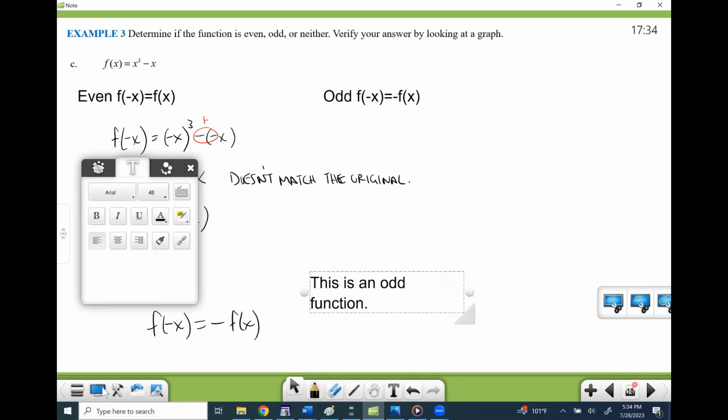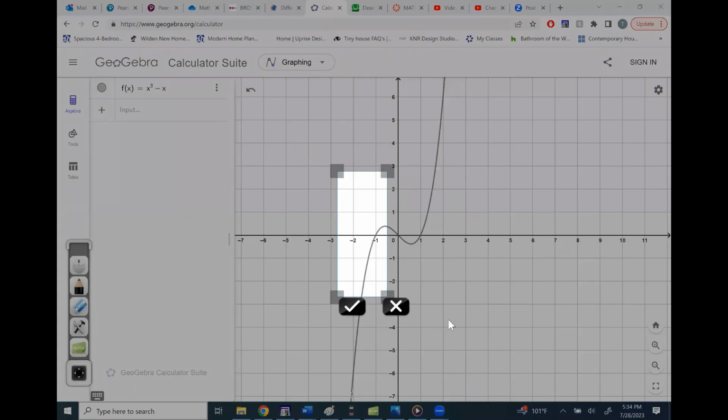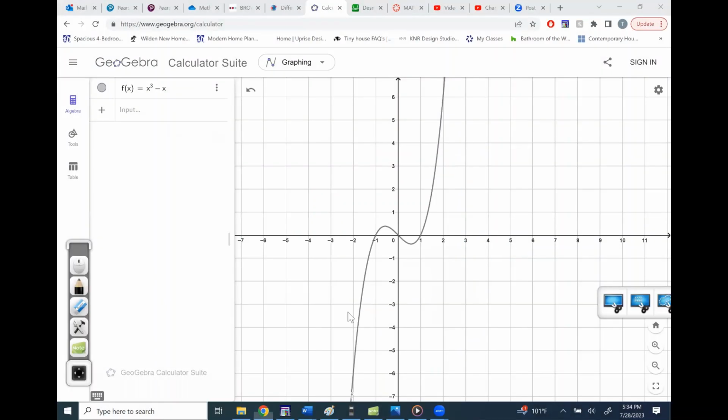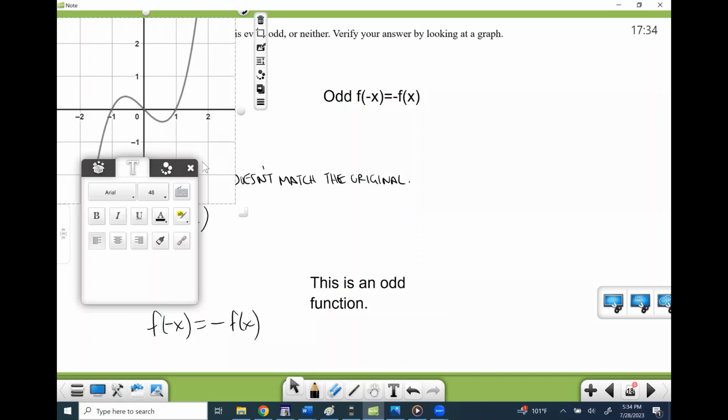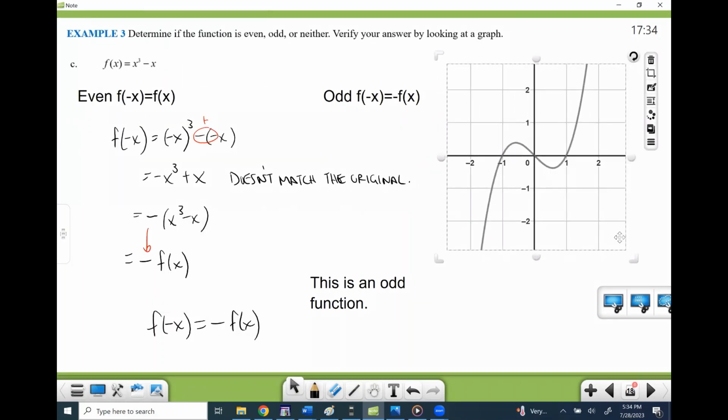All right, so let's go look at what the graph of x cubed minus x looks like. Oh yeah, that's definitely symmetric to the origin. That's our classic example, right? We go almost all the way to 3. There we go. Look at that.